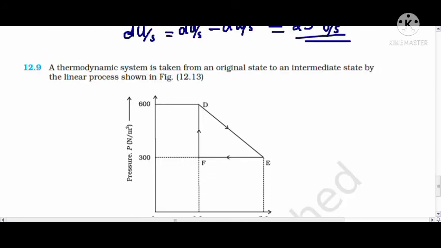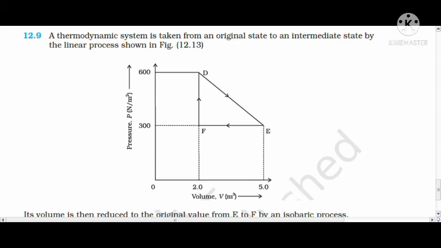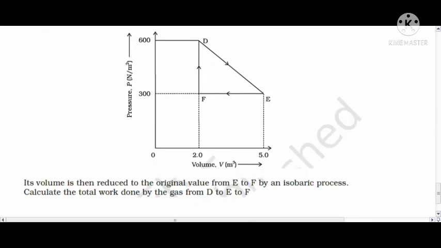Then question 9. A thermodynamic system is taken from an original state to an intermediate state by a linear process. The PV diagram is given, then its volume is reduced to the original value from E to F, shown in the diagram by an isobaric process.